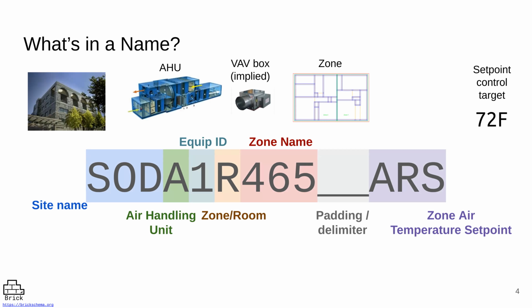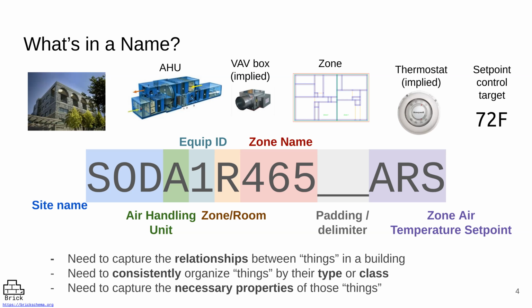You have random size delimiters to pad it out to the correct length. And then finally at the end, you have a little acronym that tells you what exactly that point is, which of course implies that there's some thermostat somewhere, and who knows where that thermostat actually is and where it's actually sensing data.